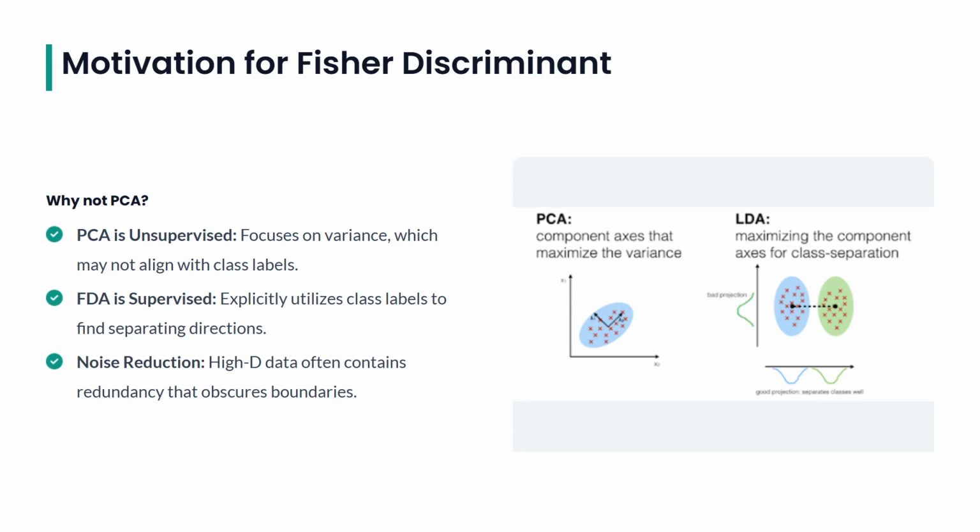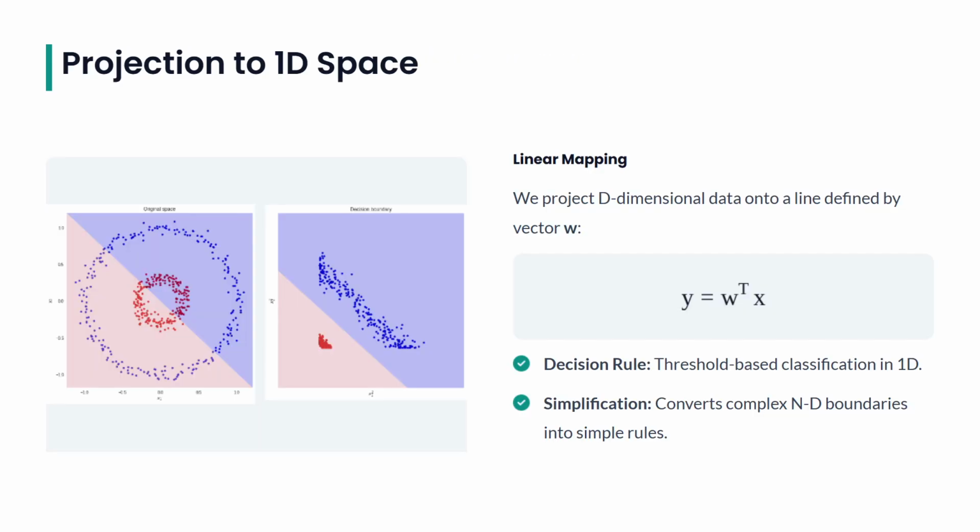Take the original space, and when we take a projection of this from 2D to 1D, you can easily make a decision boundary between these two groups of data points. So projecting data sometimes helps to find a decision boundary.